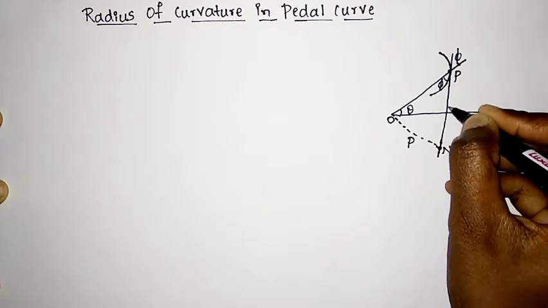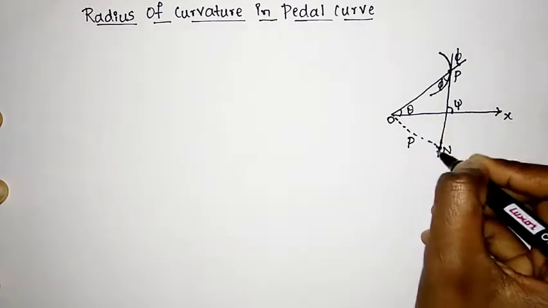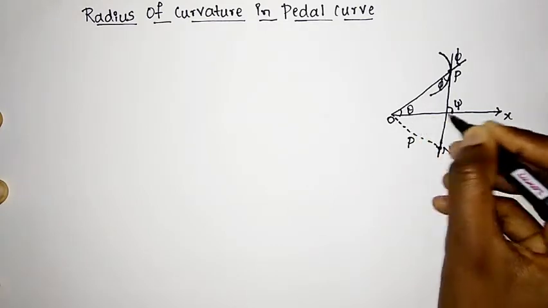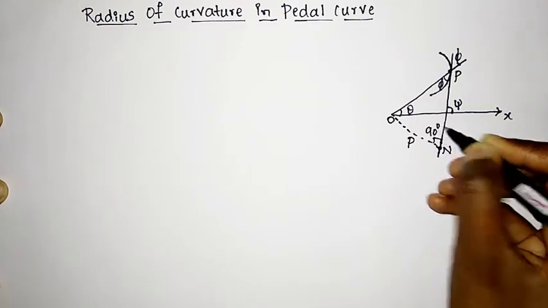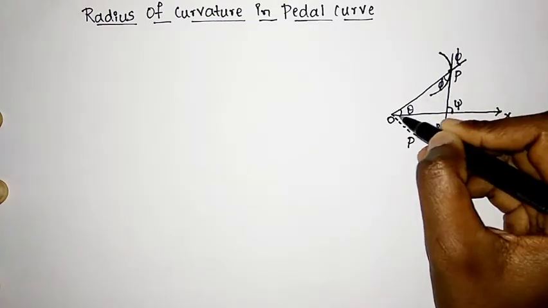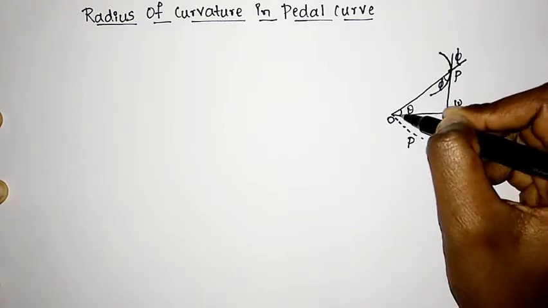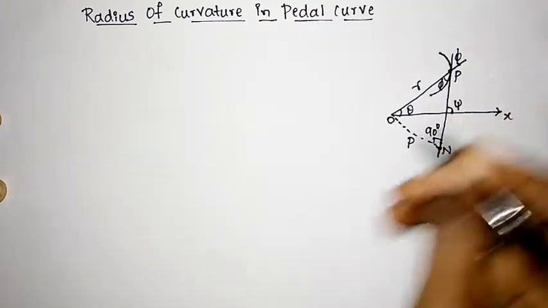As we know, the exterior angle is taken as psi. By observing this triangle, you can see that the angle is 90 degrees. The line ON is taken as p, and OP is taken as r, where r is the radius vector.